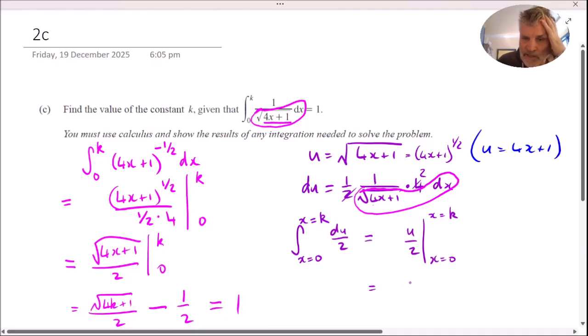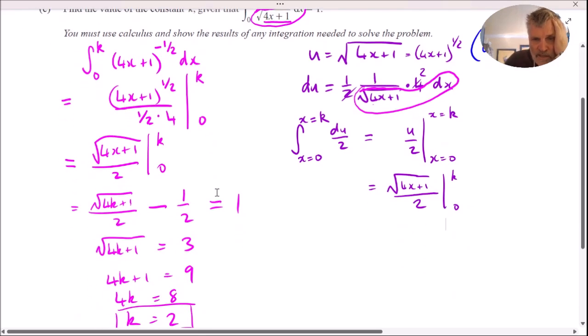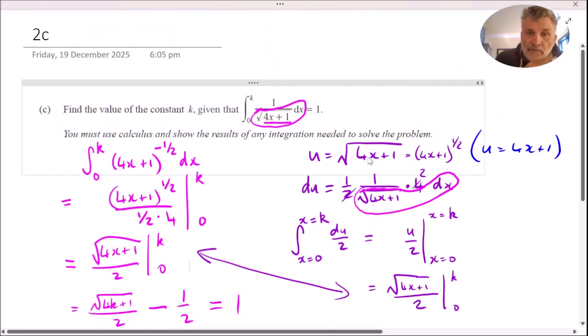Since we haven't got x's, it's probably useful to put it back in terms of x. U is 4x plus 1, the square root, divided by 2, evaluated at k and 0, and we see that these two steps are identical. So you can do a substitution and you'll get to exactly the same place you got using the simple linear rule that I explained earlier in this video.